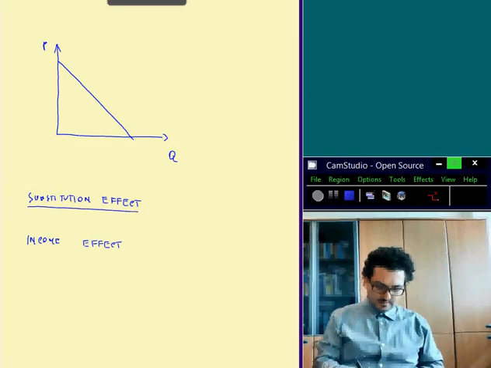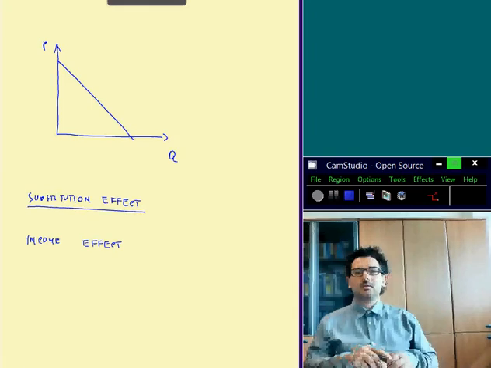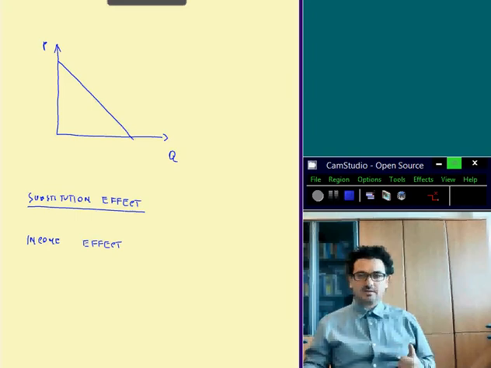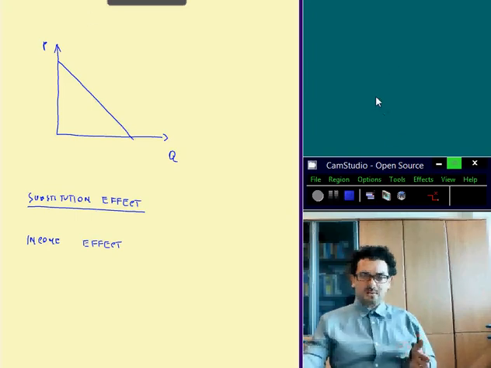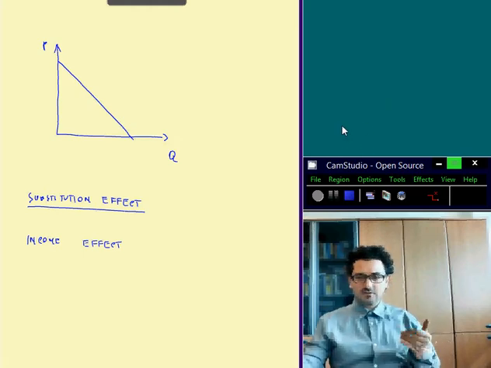The substitution effect can be explained considering that if we have an increase in the price of this good, people substitute this good with other goods. So this leads to a reduction in the demanded quantity.